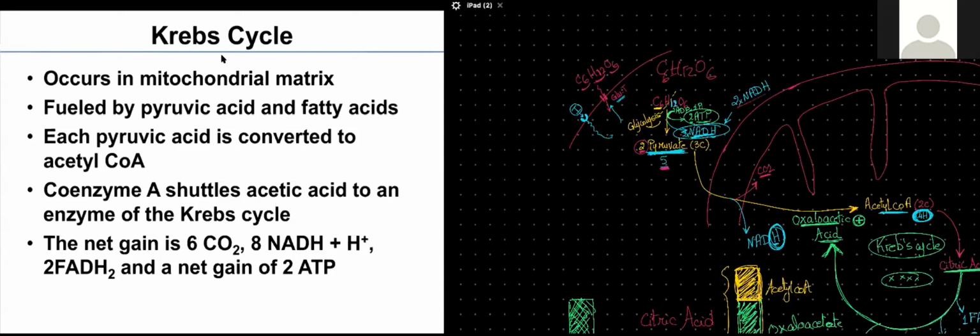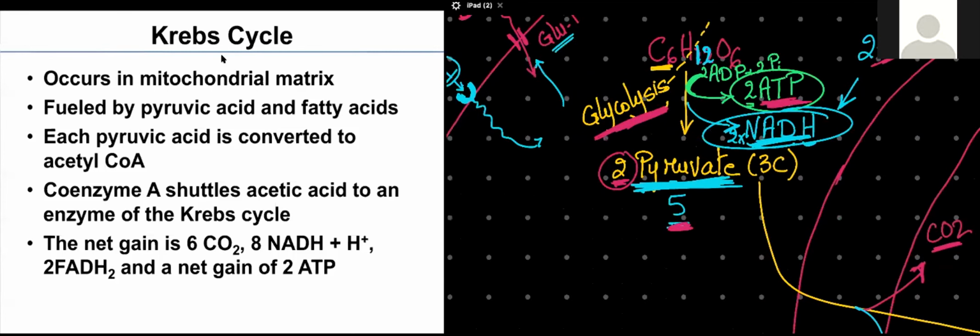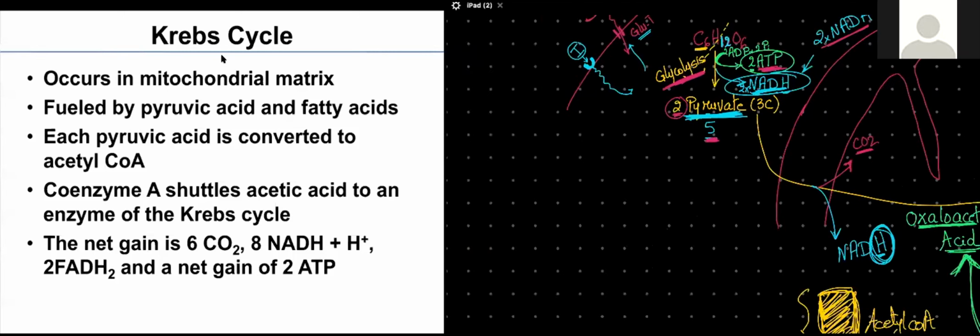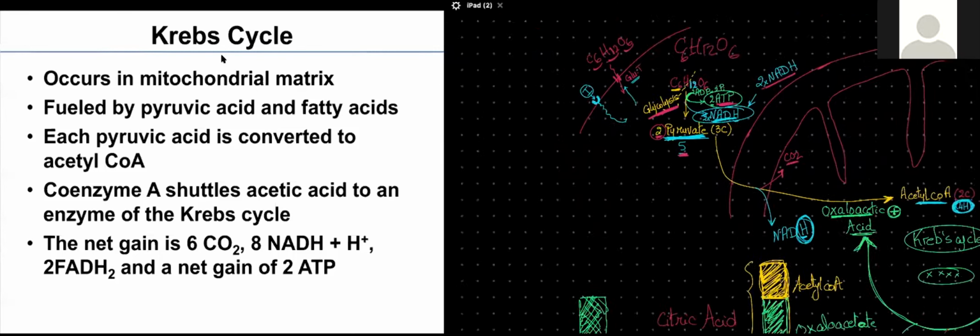Because I've lost 2 in this reaction, and I've formed 2 ATPs from the first step, which is the glycolysis. From the glycolysis, I've released 2 ATPs, and I've lost 2 hydrogens carried on to NAD. So I've got 2 NADH.